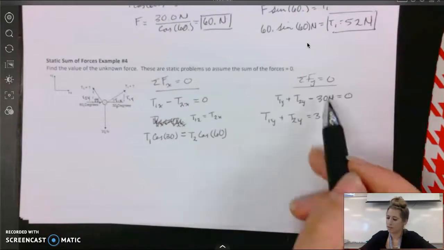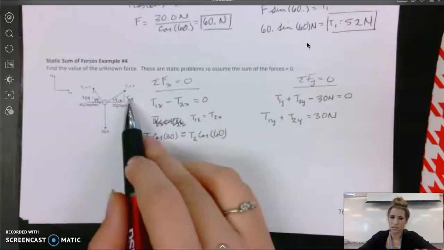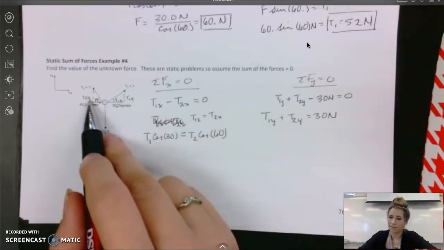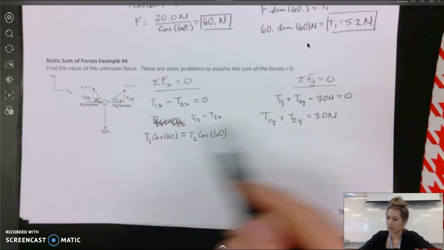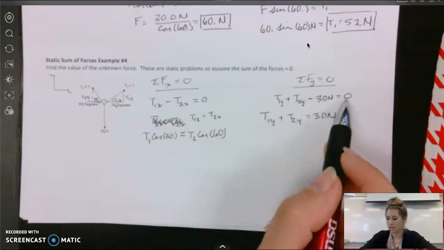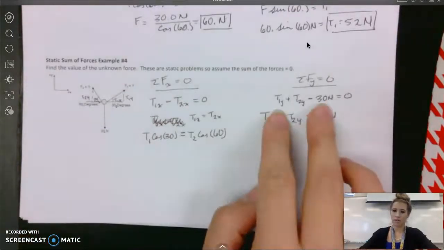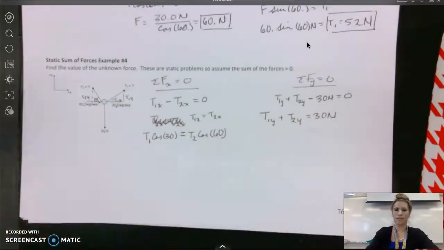Now I looked at the sum of the forces in the y, and I said I have a positive T1 in the y in addition to a positive T2 in the y, and then I have a negative 30 newtons in the y, and that's all going to equal 0. And then I just added this to the other side. So that's where I ended there. So when we come back for the next video, we'll continue with this process and then take info from here and plug it in over there.